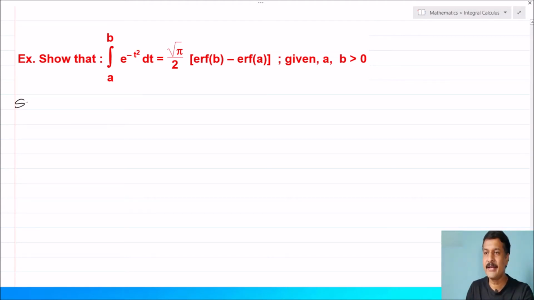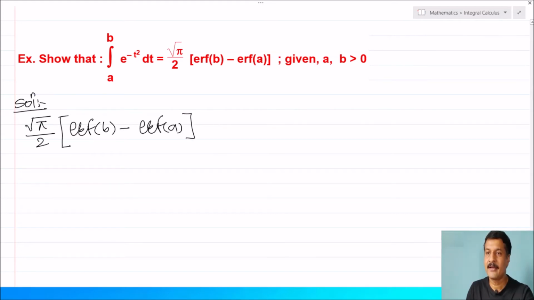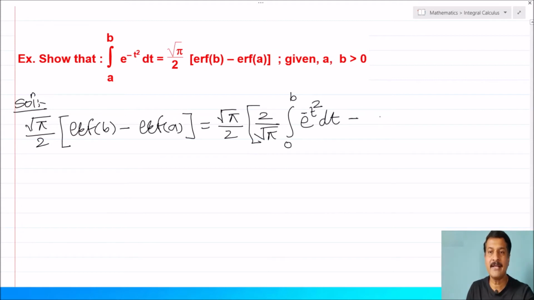So solution here, consider the right hand side, root pi by 2 into error function of b minus error function of a, that is equal to root pi by 2, and by definition of error function it is 2 by root pi integration from 0 to b e raised to minus t square dt minus 2 by root pi integration from 0 to a.